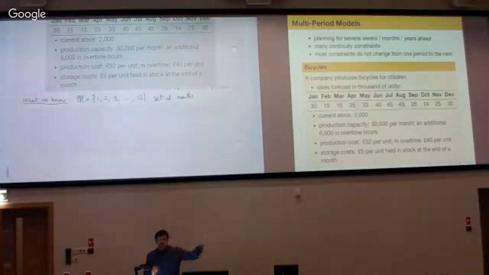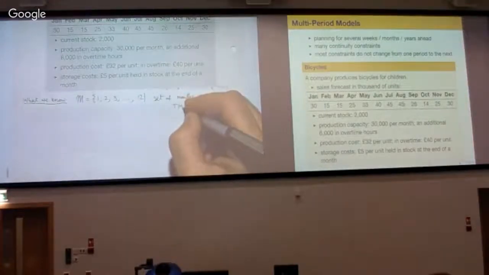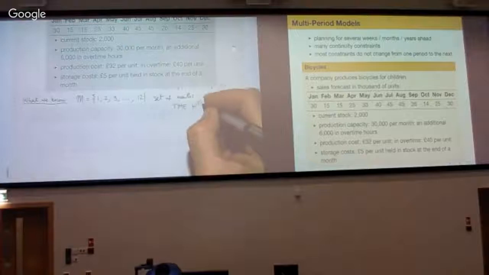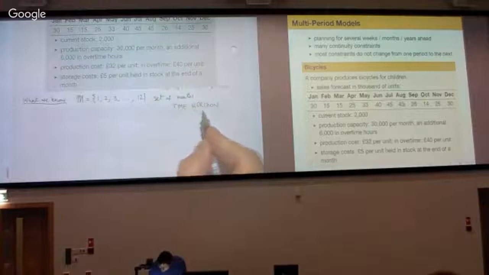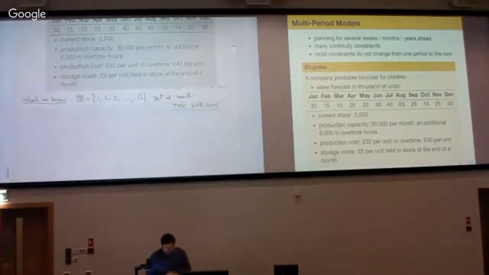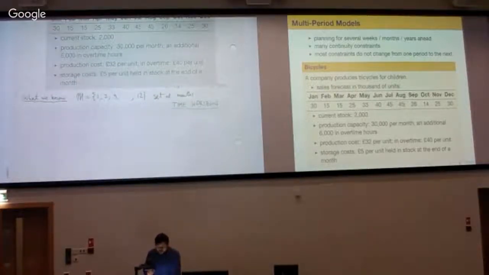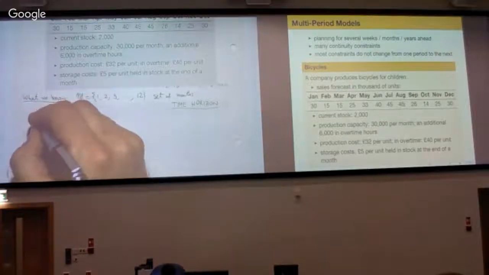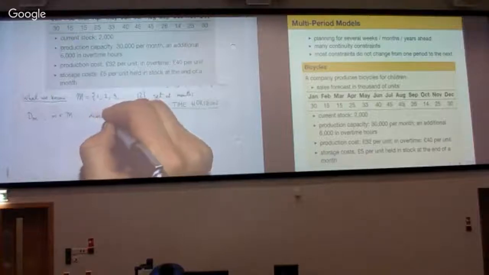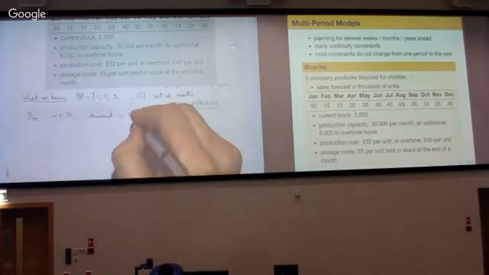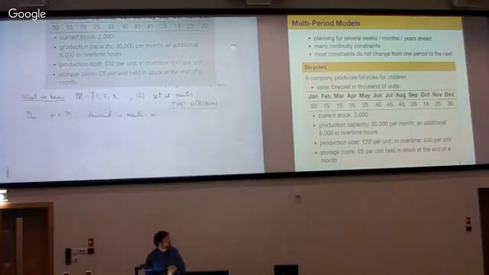So when you're planning ahead in time, the period that you're planning for is called the time horizon. That's a common term. What else do we know? We know the demand in every month, which is how many bicycles we need to sell.